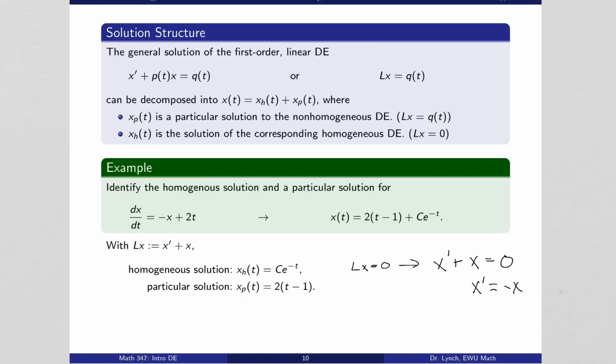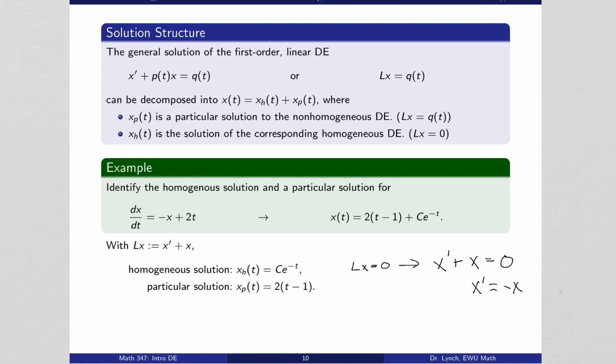Again, that can be written as x prime equals negative x. So of course we know how to solve this decay equation. x prime equals negative x has solution some constant times e to the minus t, and that's the solution of the corresponding homogeneous equation. Here we're just calling that the homogeneous solution.